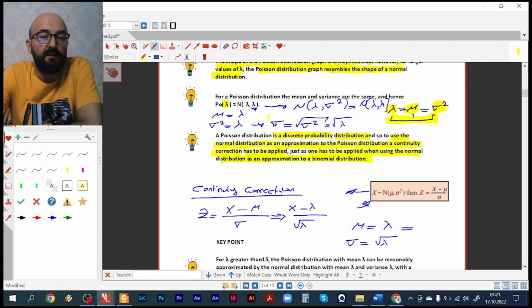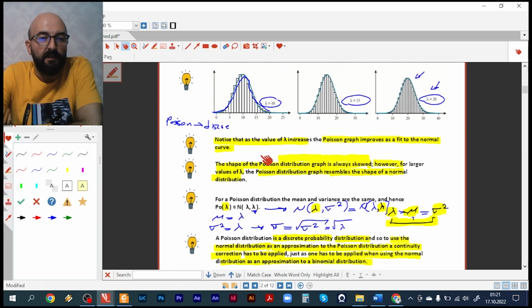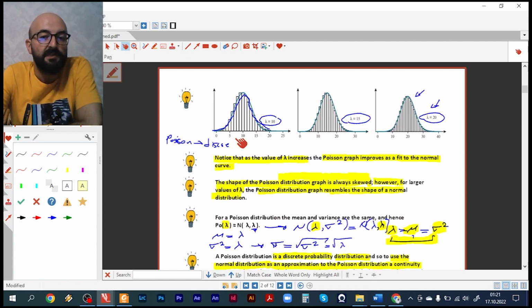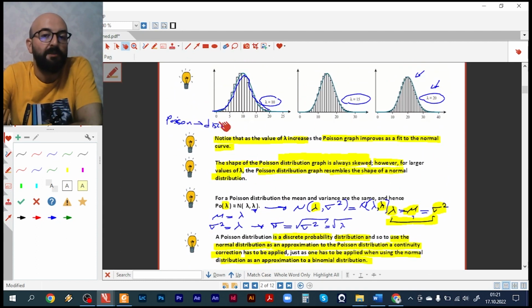When you use the normal distribution instead of the Poisson distribution, you can use lambda instead of mu, and again lambda instead of variance. But please remember that the Poisson distribution is a discrete distribution, and the normal distribution is a continuous distribution.